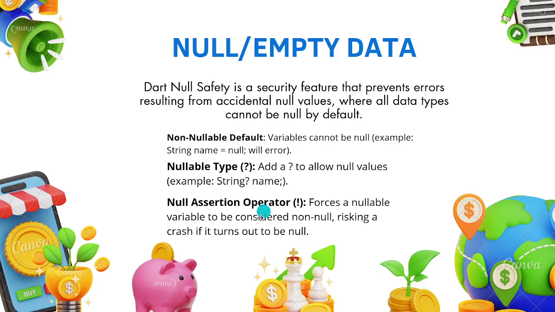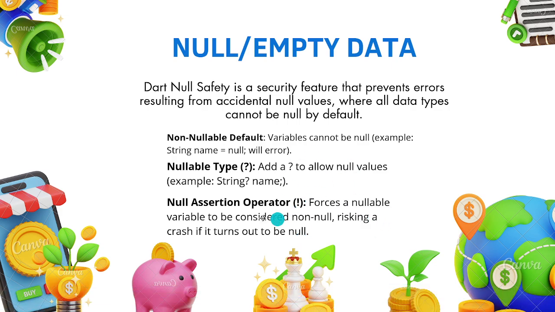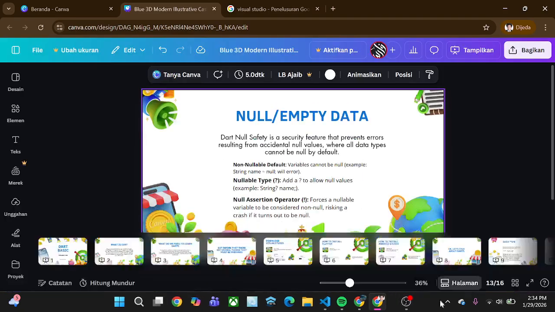The example is String with a question mark, then the variable name. The null assertion operator is used to force a nullable variable to be considered non-null, risking a crash if it turns out to be null. Okay.